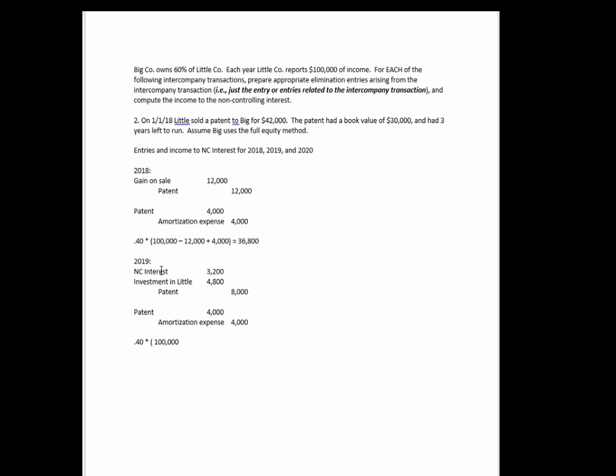And again, we look at these elimination entries and say, how did these elimination entries affect earnings? Well, we put a $4,000 credit on the income statement. That makes income go up. And since this was an upstream transaction, that is shared with the non-controlling interest. So the income of the non-controlling interest is going to be 40% of $104,000, or $41,600.